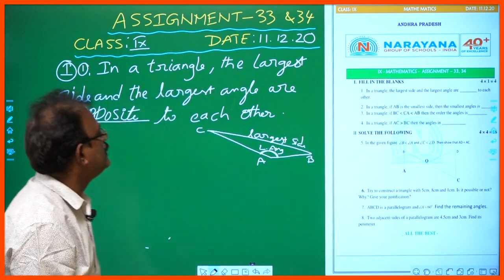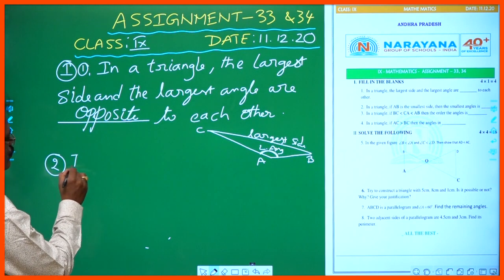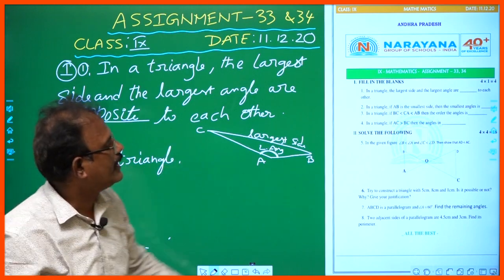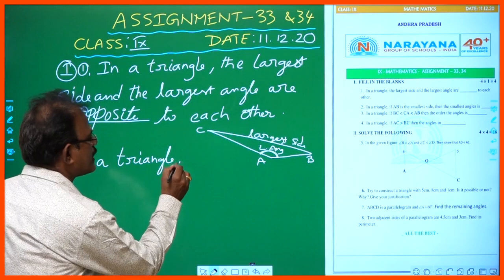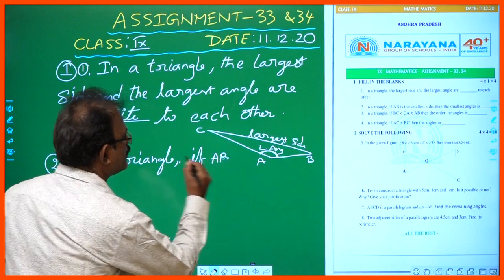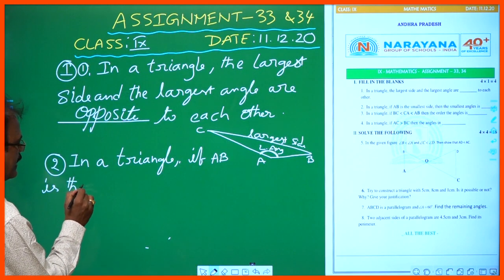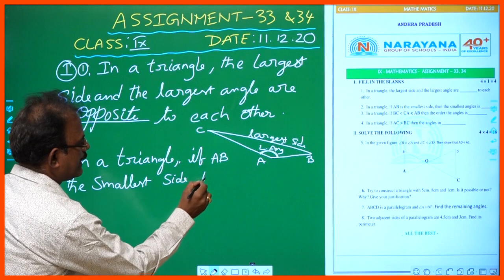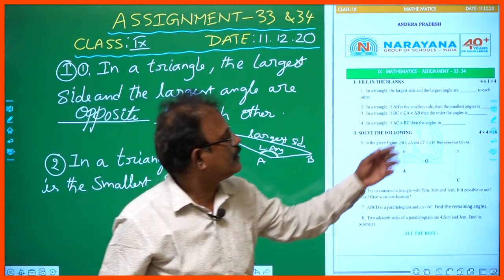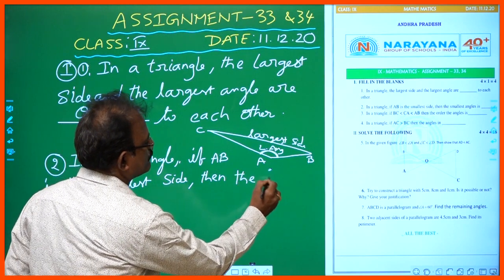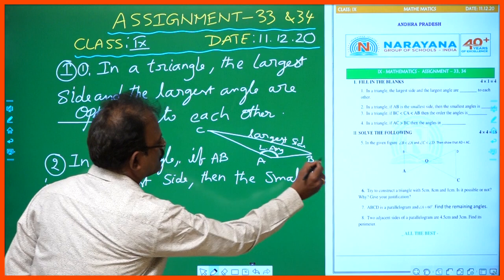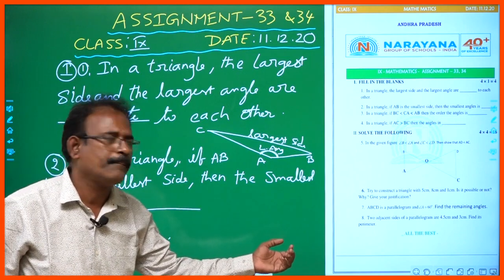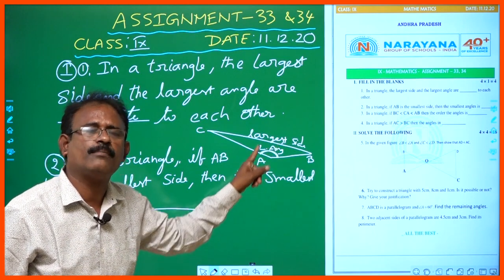Next, question number 2. In a triangle, if AB is the smallest side, then the smallest angle is... You see here, just now we discussed largest angle and largest side are opposite to each other.